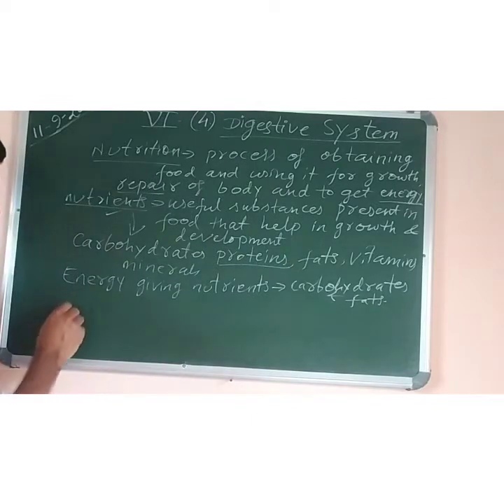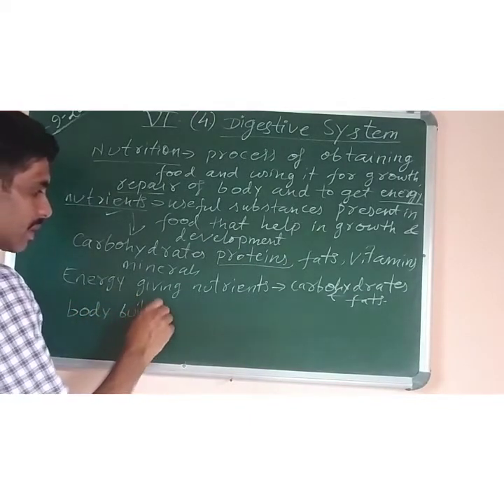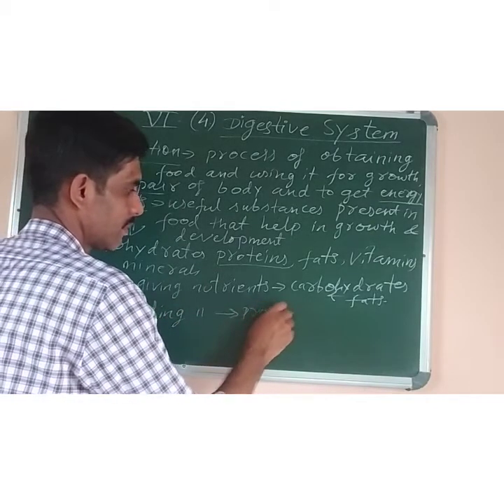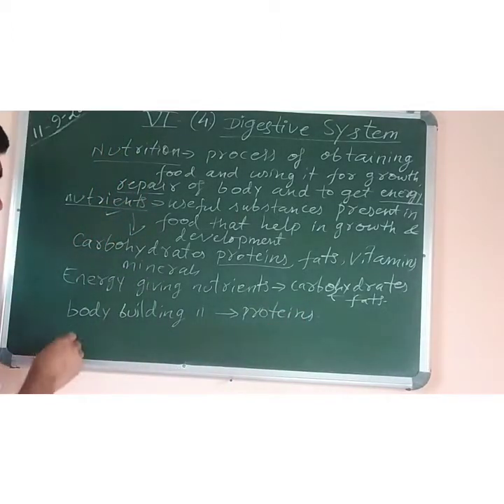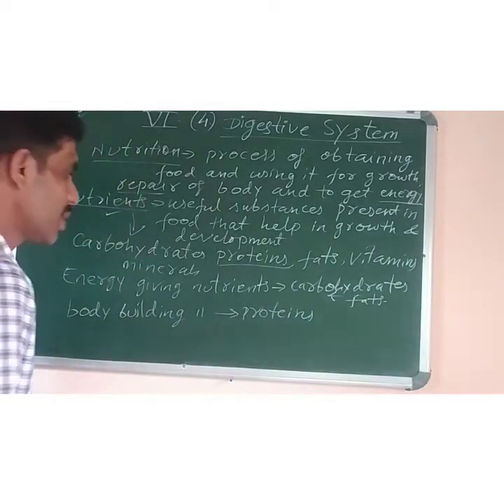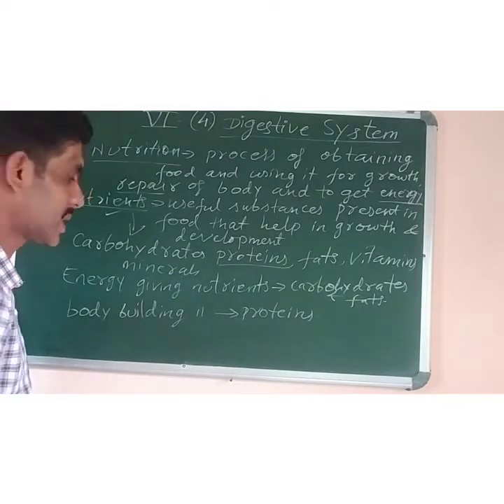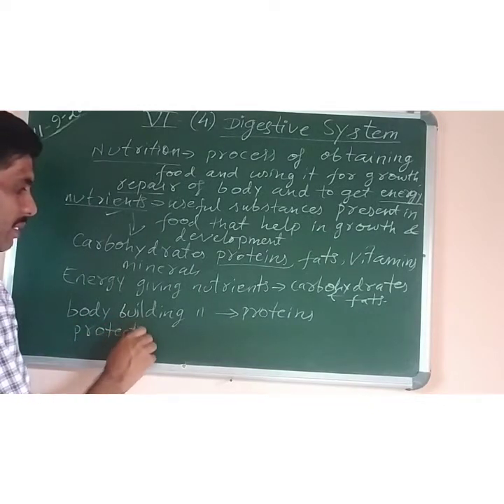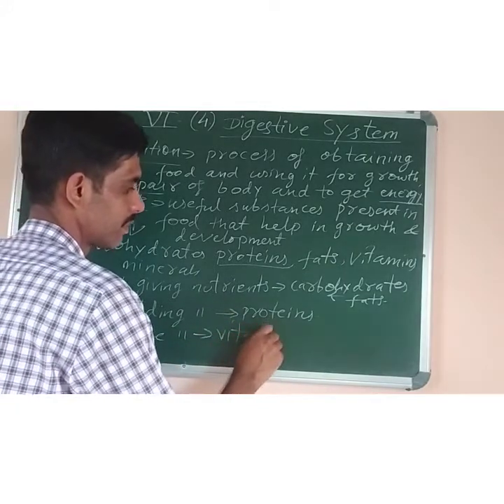So proteins are bodybuilding nutrients. And those nutrients which help us to protect from the disease are protective nutrients. They protect us from different types of disease, and they are vitamins and minerals. Protective nutrients are vitamins and minerals. Okay?